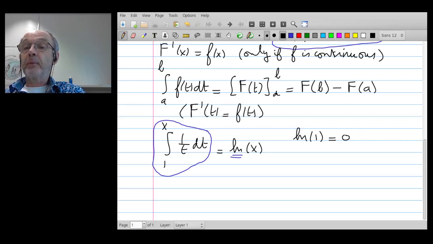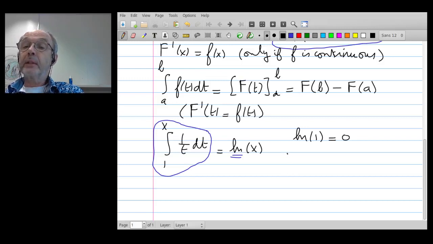Now see what happens if you fill in the upper boundary 1. You get an integral from 1 to 1, and you know that if the upper and the lower boundaries are equal, you get 0 out of it, and therefore your logarithm of 1 is 0.